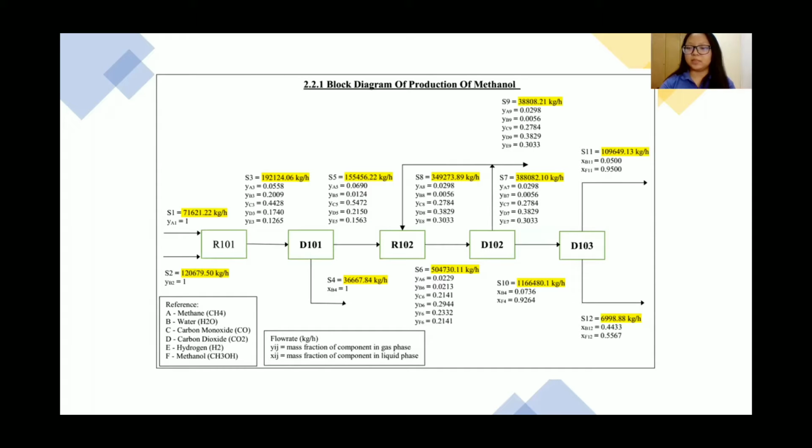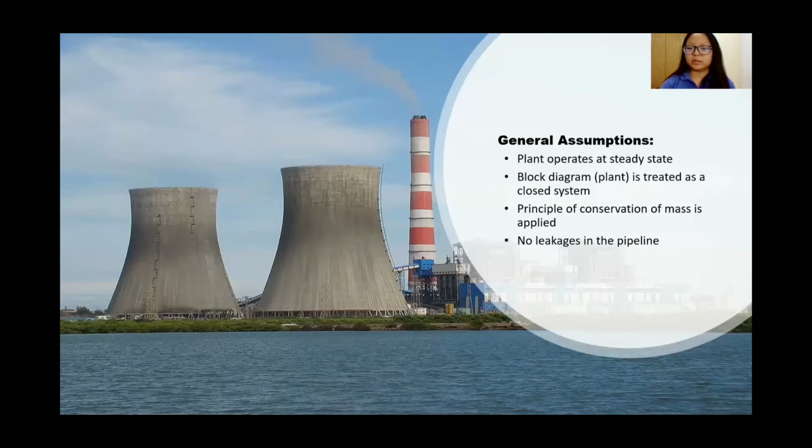Next, this is the overall block diagram and summary of stream composition of the methanol plant. Based on the capacity of the methanol production, which is 2,500 metric tons of methanol per day, a back calculation starting from the methanol purification unit is made to determine the other unknown compositions of the plant. These are the general assumptions made during the calculation of the mass balance.